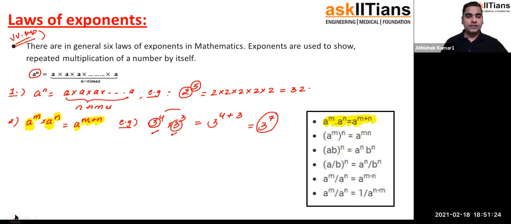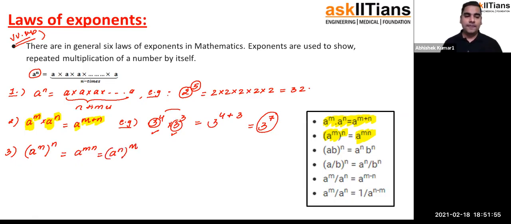Now, what is the next rule we have? Next rule is a raised to the power m, that is further raised to the power n, is equal to a raised to the power mn. So third is, if we have exponential form a raised to the power m, and we are raising it to one more power, that is n, then this will be same as a raised to the power mn, and this will be same as a raised to the power n raised to the power m.